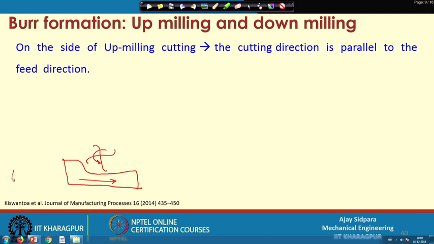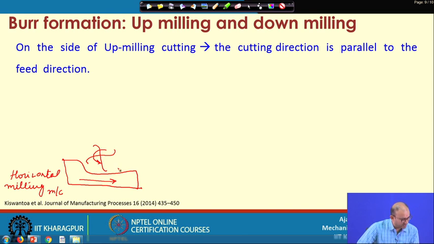Right now, we are talking about the horizontal milling machine, because in a horizontal milling machine your tool is in the shape of a rotating disc type of cutter and it is mounted on a horizontal arbor. Now, if your workpiece is moving from the left side to the right side, your tool will rotate in the anti-clockwise direction and you can get the material removal.